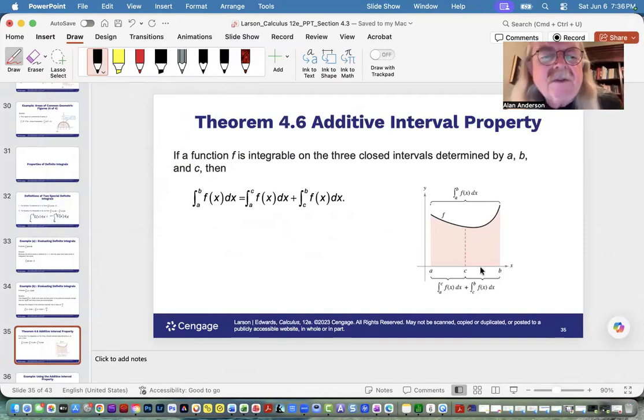Now, here's an interesting result. If there's a really good reason for it, especially when you've got a function like we just saw before, where some of it is under the horizontal axis and some of it is above, you can take this function and rewrite it in a more convenient form.